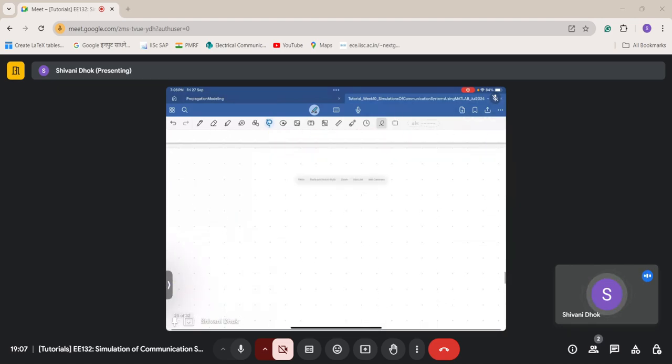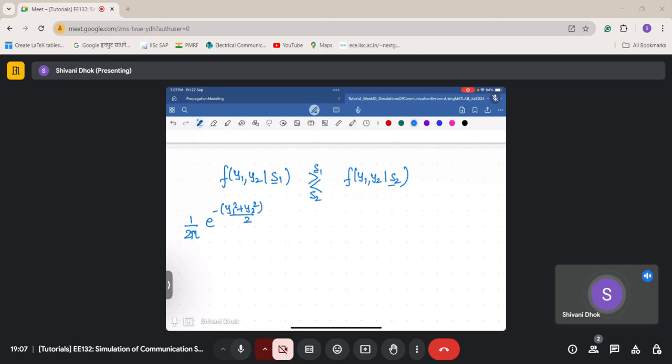So this is the ML rule that we are having. Now this f of y1, y2 given s1 came out to be equal to 1 over 2 pi into e power minus (y1 square plus y2 square) by 2, and this f of y1, y2 given s2 came out to be equal to 1 over 2 pi into e power minus (y1 square plus y2 square) by 2 into e power (y1 plus y2 minus 1).